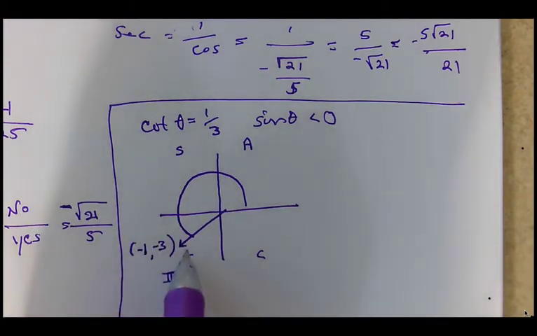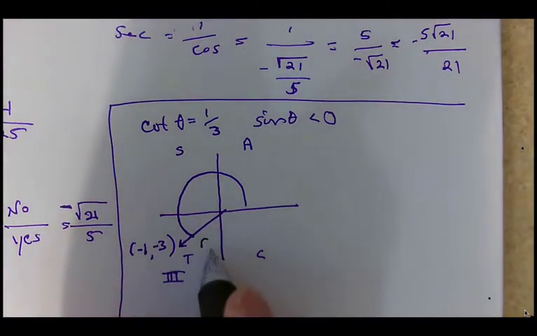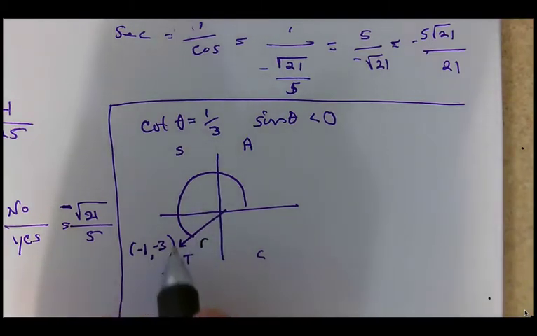So now what is my sine of theta? Well, the first thing I need to do is find out what my r is. I don't know what r is. I do know what my x is. I know what my y is. So how am I going to solve for r?